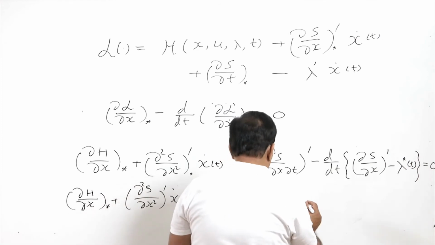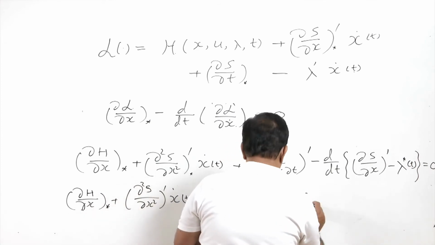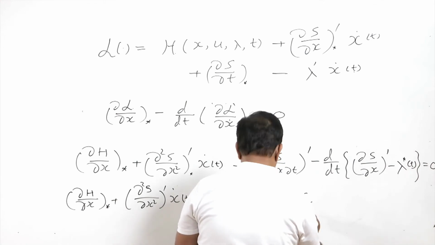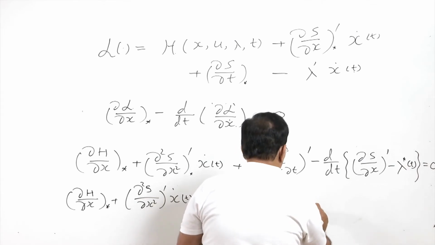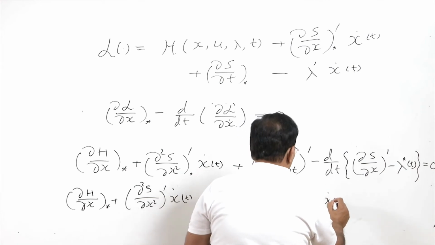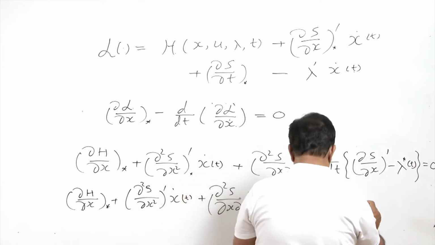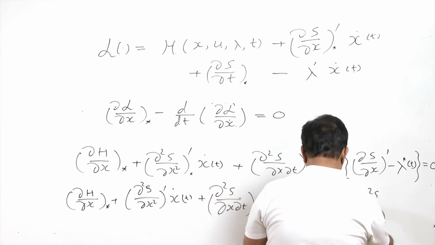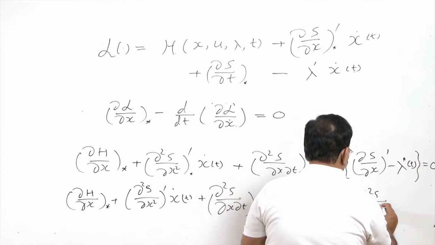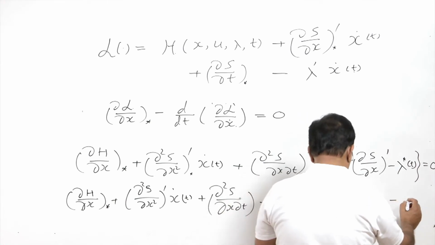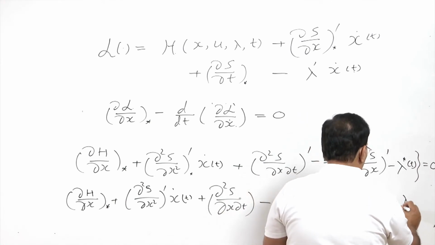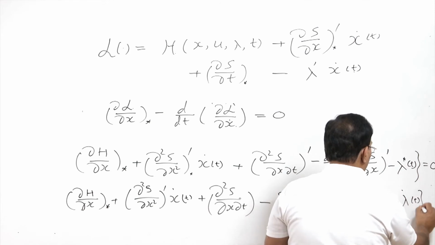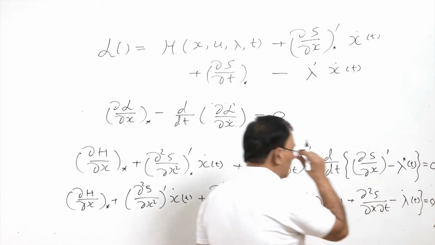What actually will we get? Del 2s by del x square x dot of t plus del 2s by del x del t minus lambda dot of t, all equal to 0.